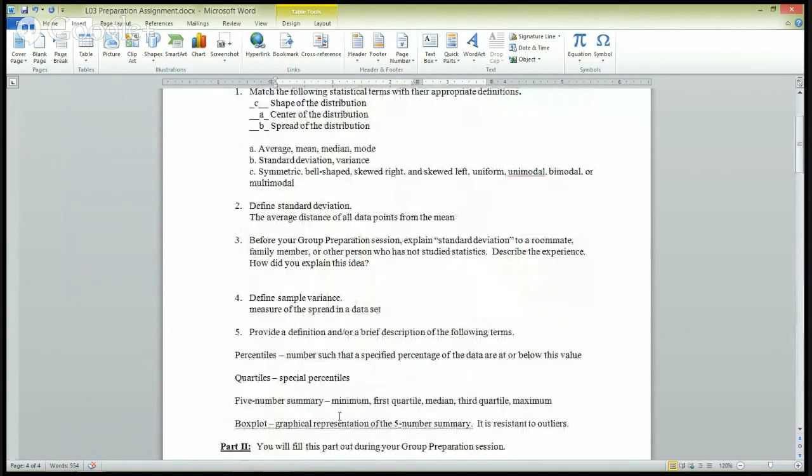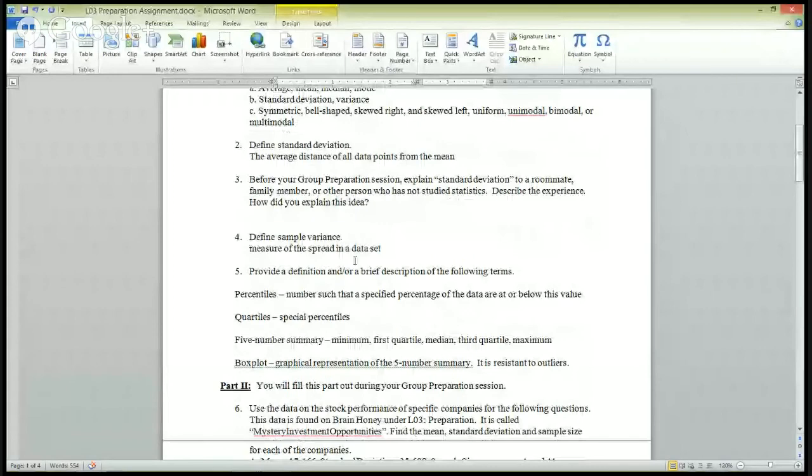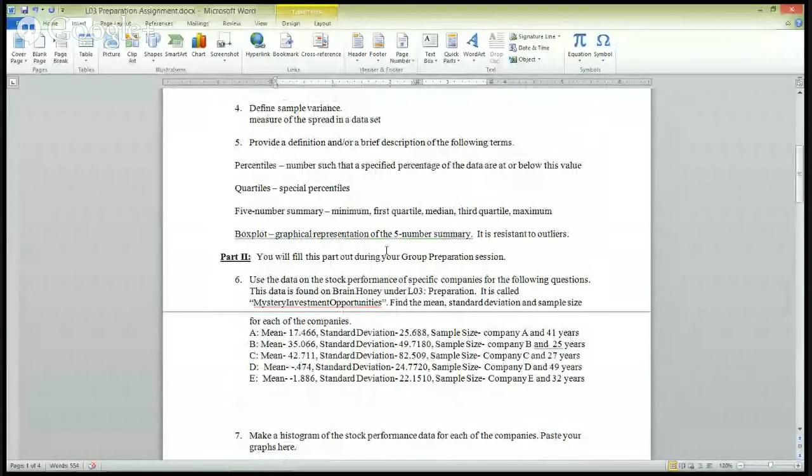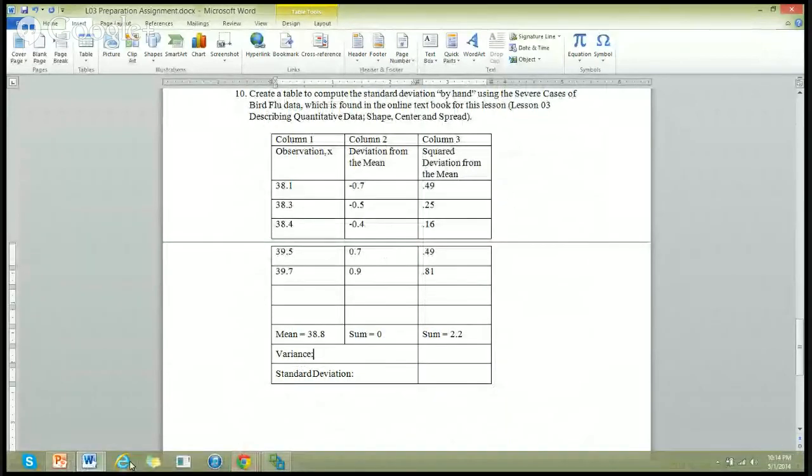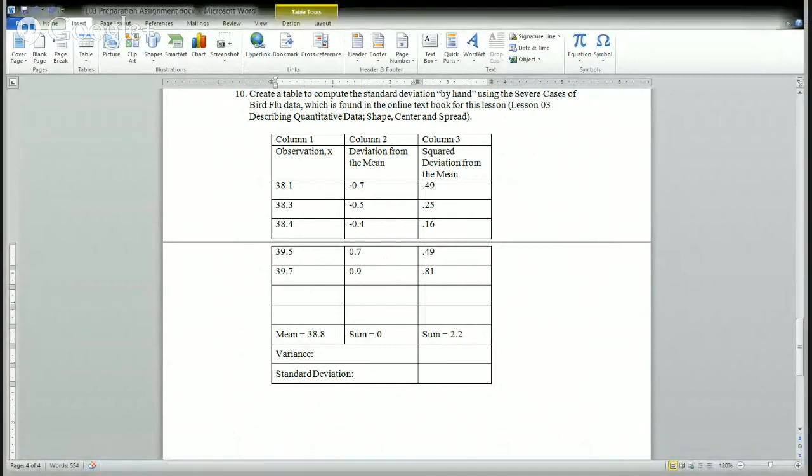So divide the sum of the squared deviation by n minus 1. Okay, so variance is going to be 0.55.